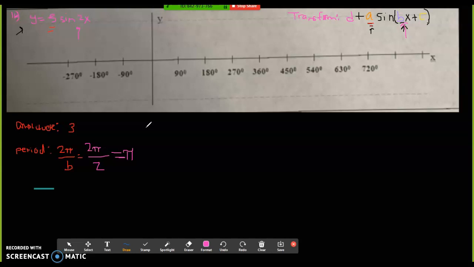Okay, so when we graph these, we need to first find our new increments, or our points on the x-axis.